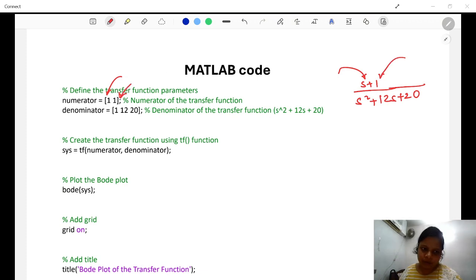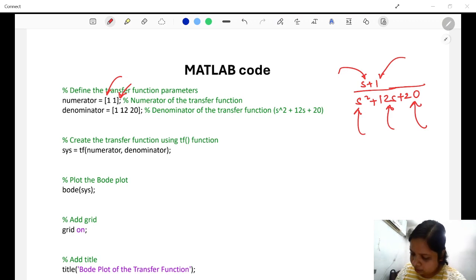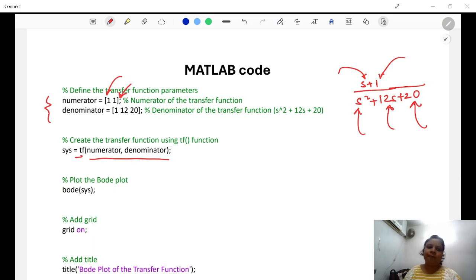So this is the numerator. For the denominator, s square's coefficient is 1, s coefficient is 12, and s to the power 0 coefficient is 20. This is your numerator and denominator. How do we define the transfer function? It is tf of numerator comma denominator. So this system is basically your transfer function.